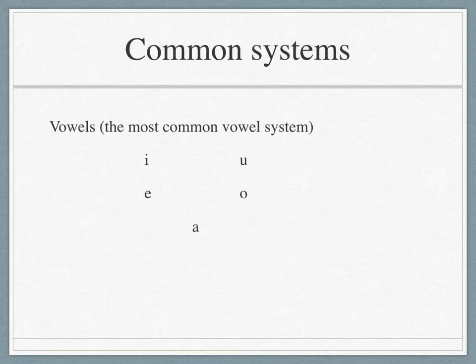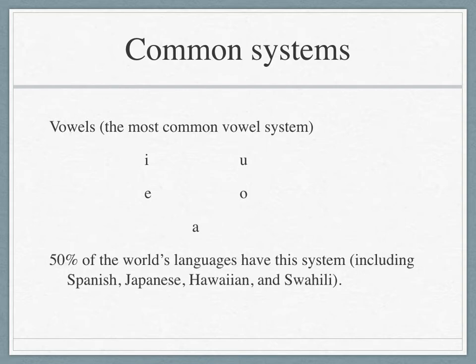So these vowels, as they are listed in IPA, are E, A, O, U, right? 50% of the world's languages have this exact system, meaning that these are the 5 vowels that the language has at its disposal to do vowely things in its words, okay? Some well-known examples are Spanish, Japanese, Hawaiian, and Swahili.